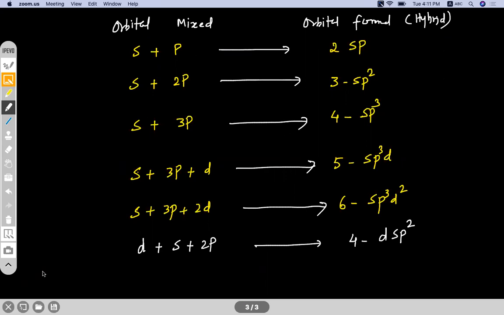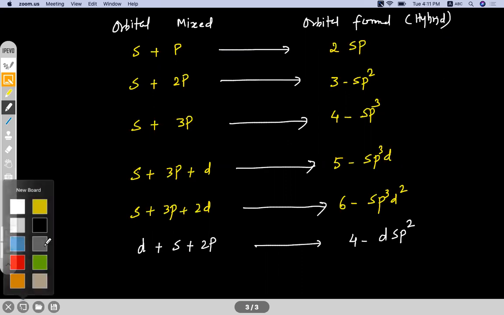Okay, so this is the thing. Now there are a few characteristics of hybrid orbitals you must remember. A few points I have given you already. You can continue in this also. Next, write down: I have given you already, all hybrid orbitals must have the same energy, right?